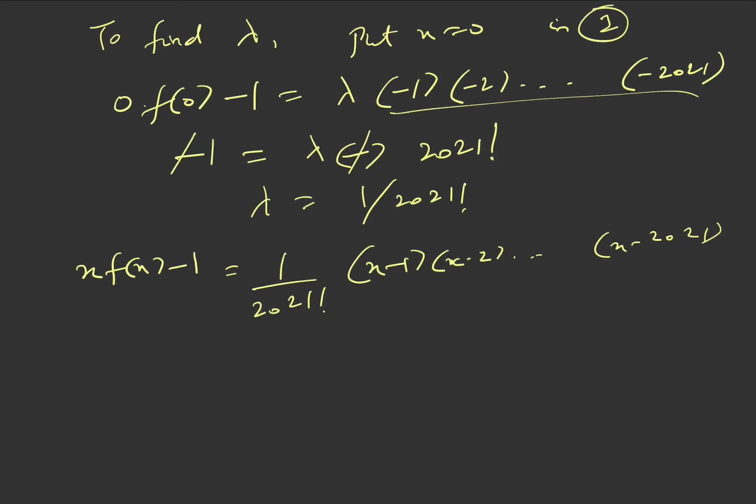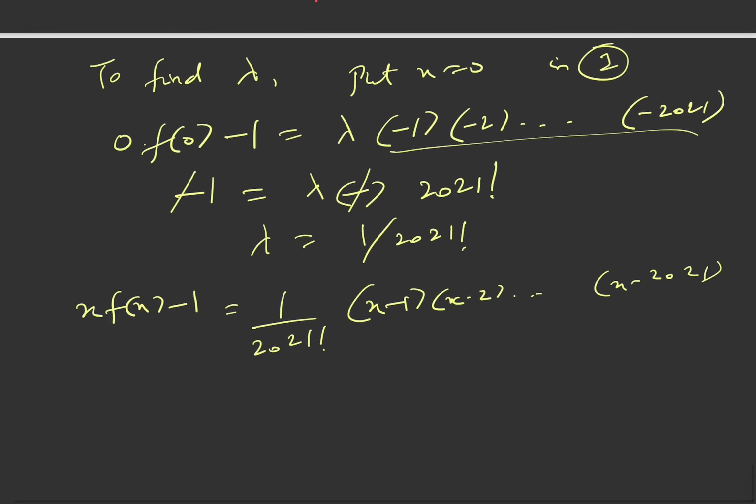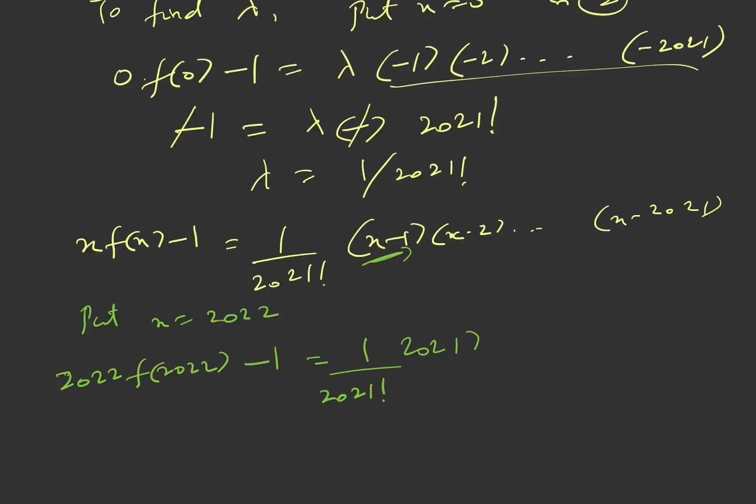Now you want the value of 2022 times f of 2022. So you just put x equal to 2022 here. This will give you 2022 into f of 2022 minus 1 is 1 by 2021 factorial into 2022 minus 1, which is 2021, 2022 minus 2, which is 2020, and so on up to 2022 minus 2021, which is 1.